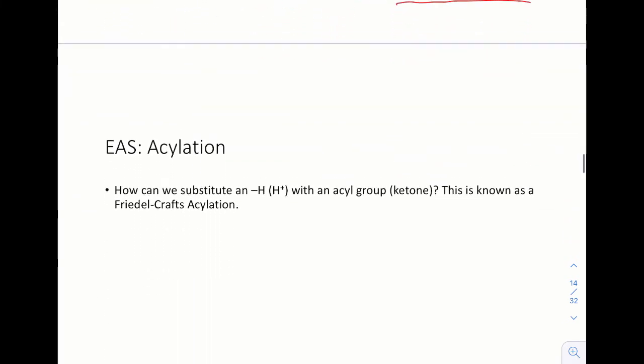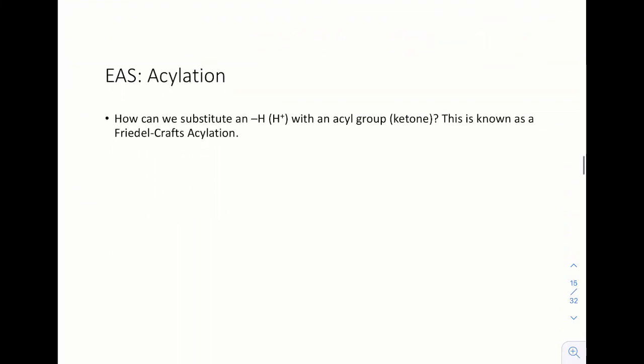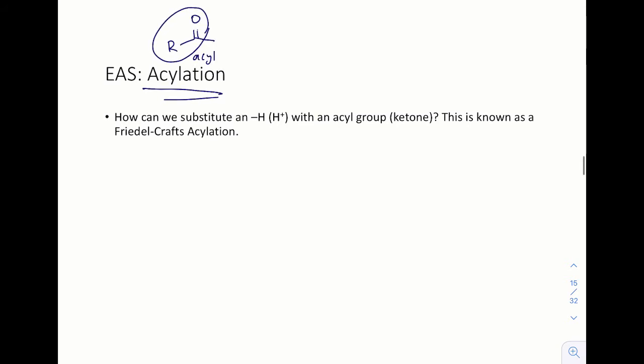Let's learn a different reaction that solves this problem. That reaction is the Friedel-Crafts acylation. Recall what acyl means. This is an acyl group. So how can a hydrogen atom or proton on benzene be substituted with an acyl group to generate a ketone functionality? The overall process might look like this.